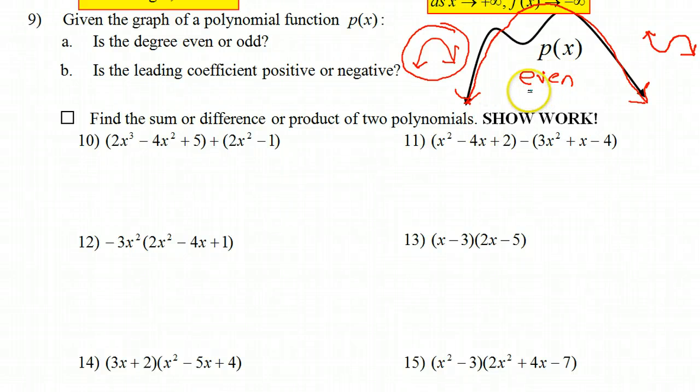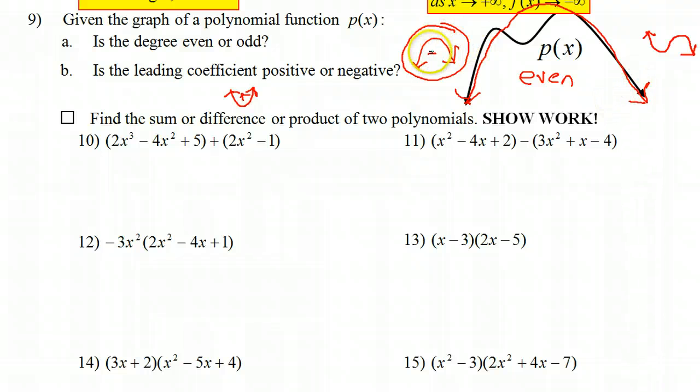Alright? Now, is the leading coefficient positive or negative? Well, is the end behavior like a right side up parabola, or is it like an upside down parabola? Well, you can see because of what I've been drawing, the end behavior is like an upside down parabola.